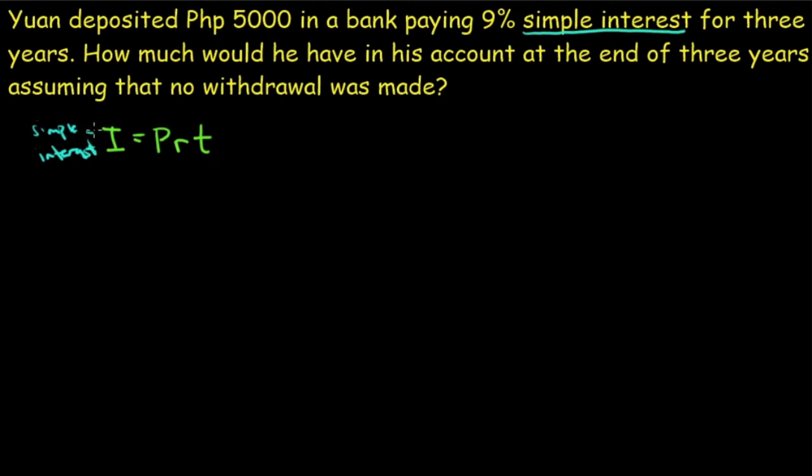P is the principal amount, yung original na halaga ng inutang o pinautang. R being the rate of interest. Gaano kalaki yung tubo?